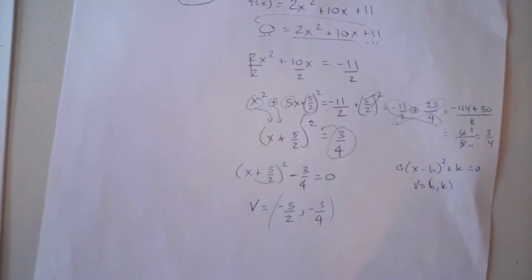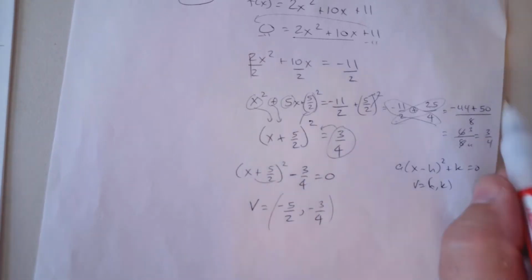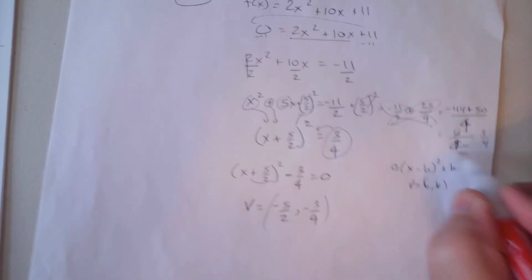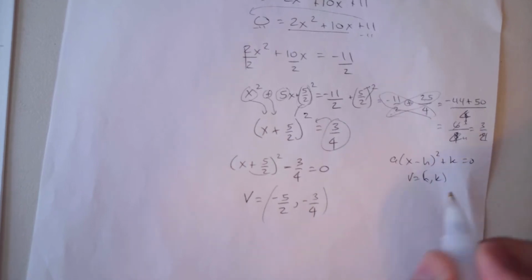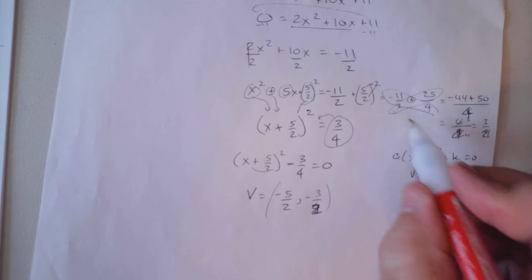3 over 2. Where did I get 8? It should be 4. It should be 2. Yeah, it should be, because 4 times 2 is 8.